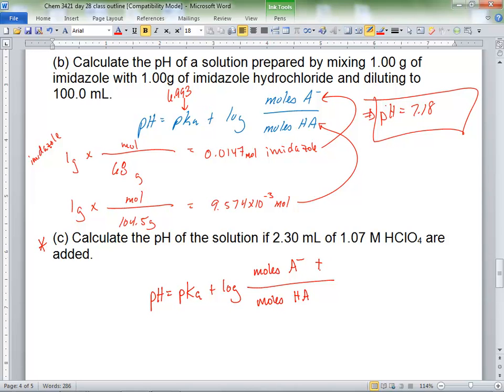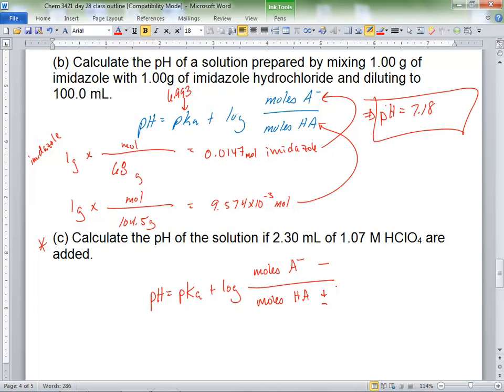Is it going to increase or decrease the moles of the conjugate base? It's going to decrease it. It has to, because that's the whole idea of the buffer. It's going to react with this, so we better have a minus sign up on top. The conjugate acid, is that going to increase, decrease, or have no effect?